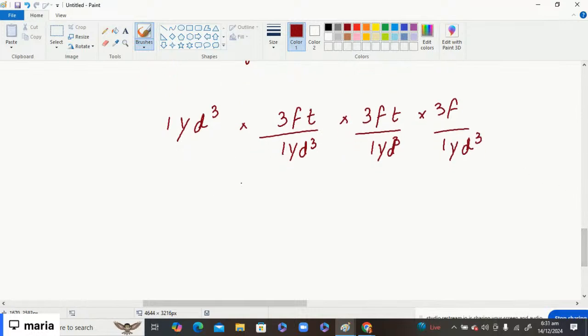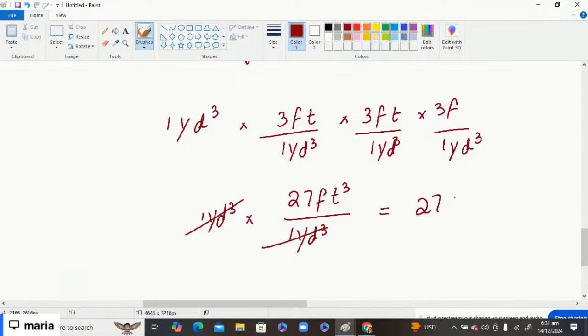This represents 3 times 3 times 3, 27 feet cube, and here it becomes 1 cubic yard, and here 1 cubic yard is already present. This and this should be cancelled, so that's why it should be equal to 27 cubic feet.